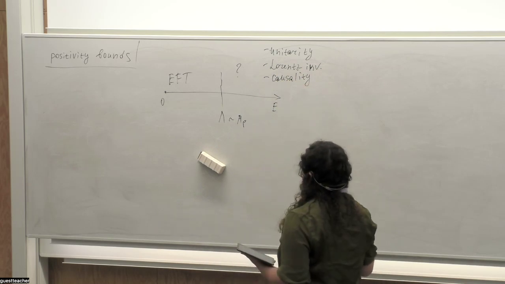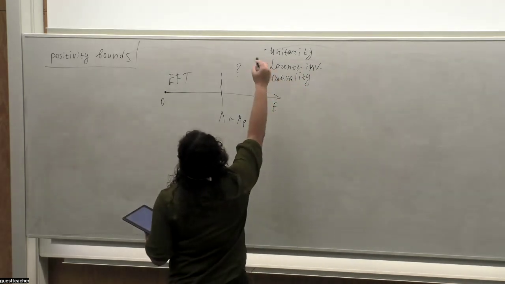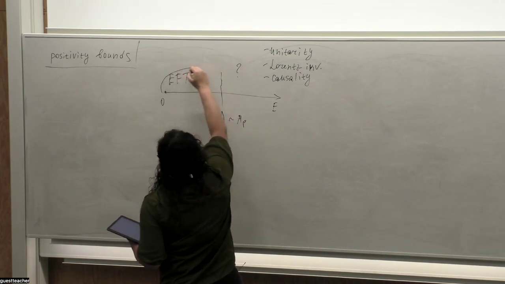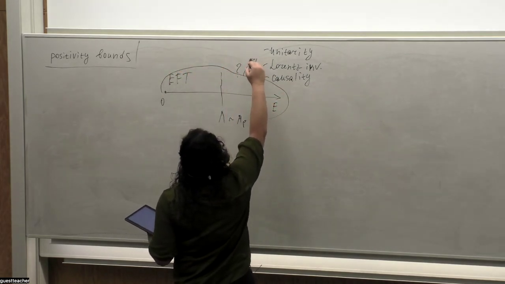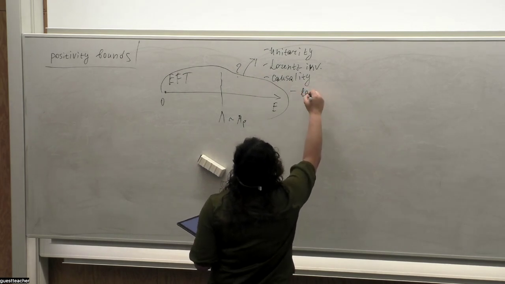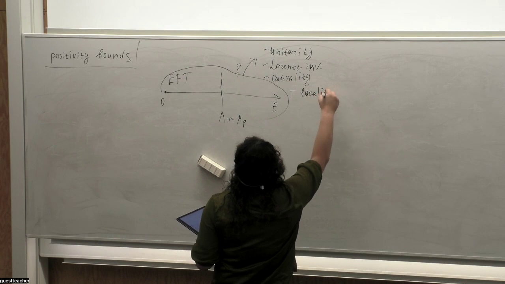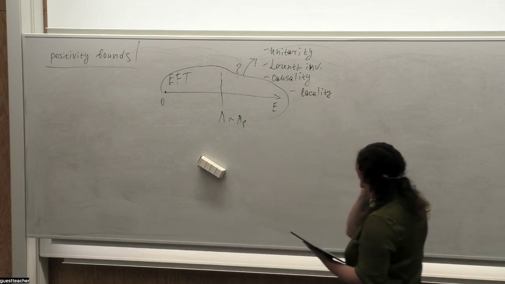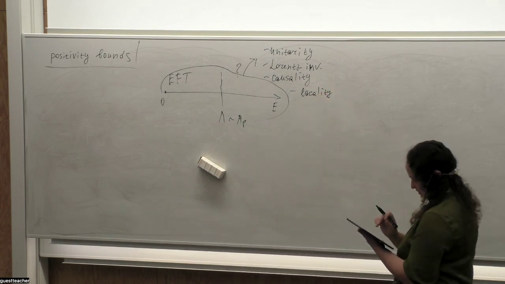And all of these requirements, in principle, are applied to all these settings. It should be there. And the last one, I would call it locality, and we'll formulate what I mean a bit later.